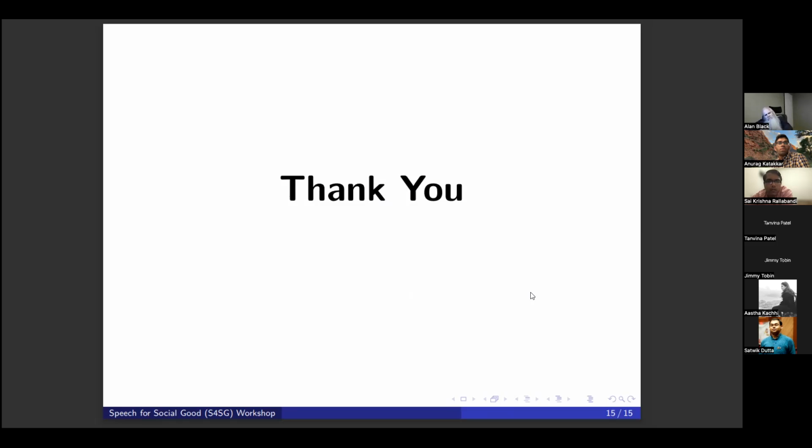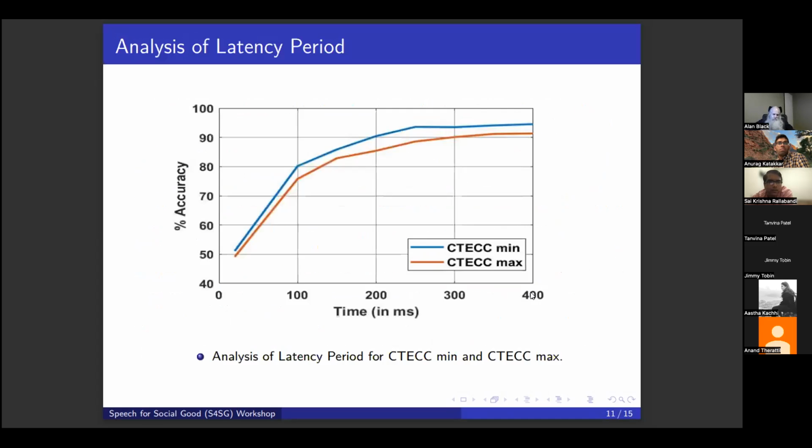I would request the co-author Anand to elaborate on this answer. Okay, if you could just go back to the block diagram, I think I'll try to understand it from there. The definition of latency we are trying to tell is, for how small a duration of speech utterance, how much accuracy we are getting.